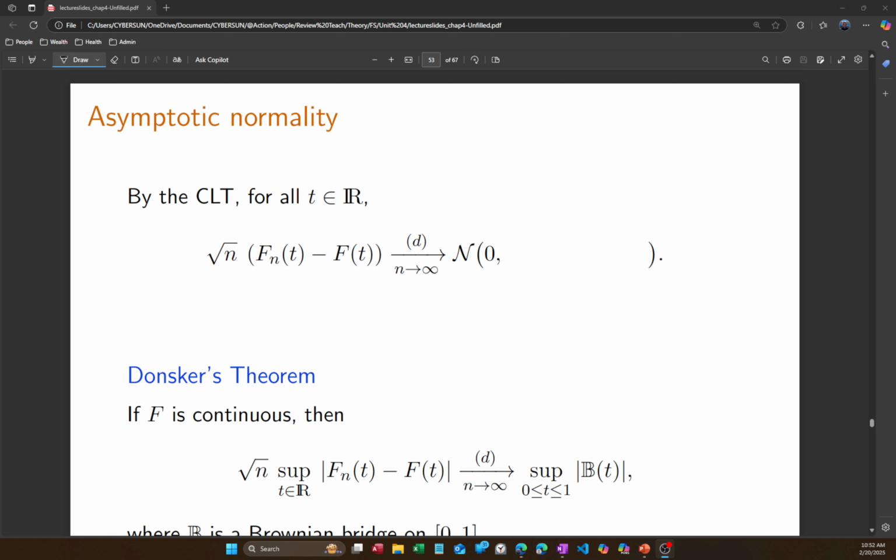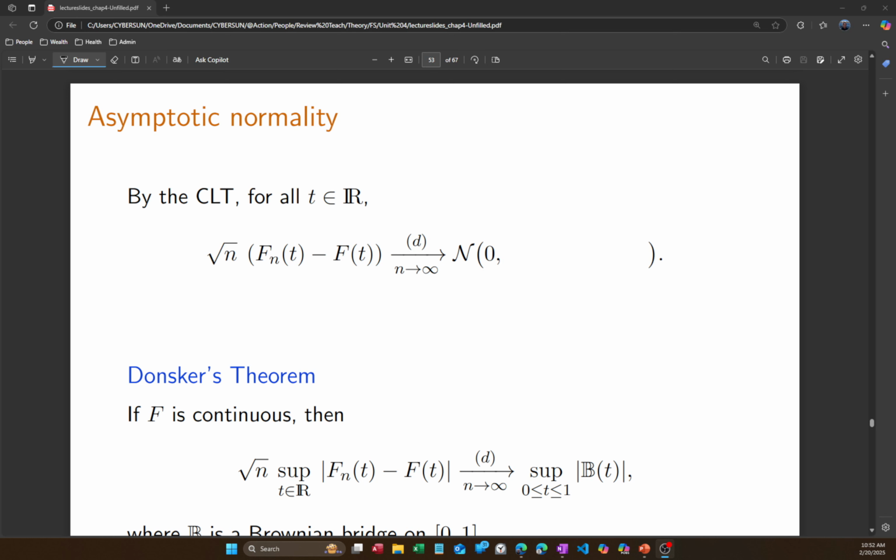What can you tell me about asymptotic normality? Think about it for a second. It is related to the law of large numbers and the central limit theorem. And the central limit theorem can be applied to F_n(t), because F_n(t) is an average.